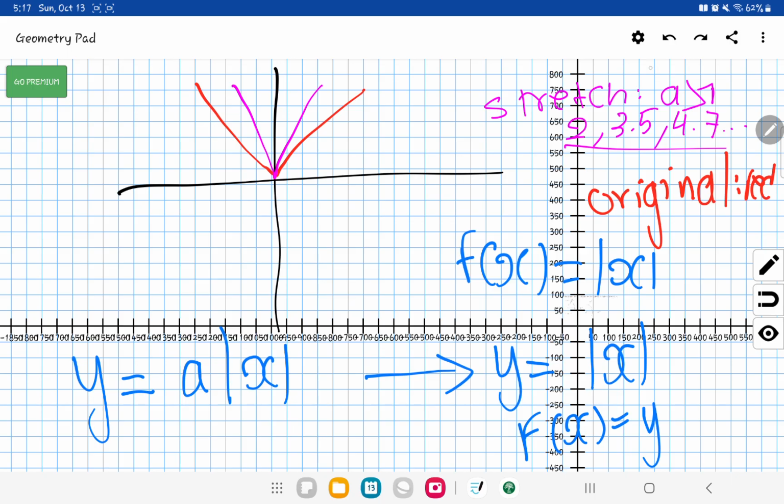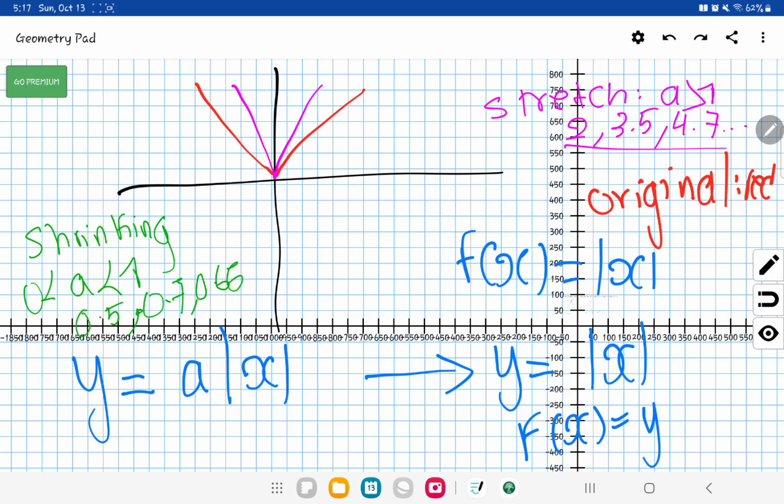Okay? Then we have something called shrinking. Shrinking is when a is in between 0 and 1. So a is greater than 0, but it is less than 1. Meaning it can be 0.5, 0.7, 0.66, something like this, whatever.